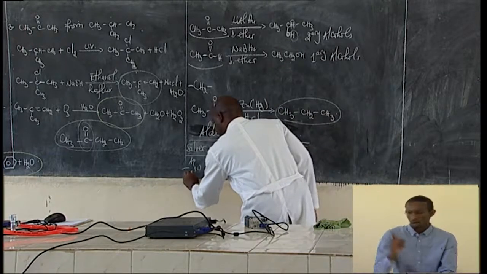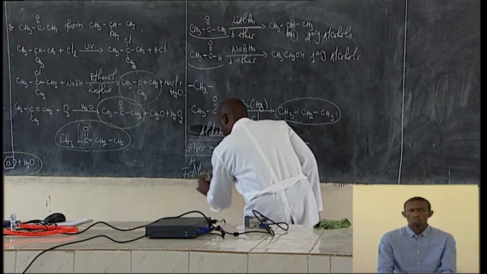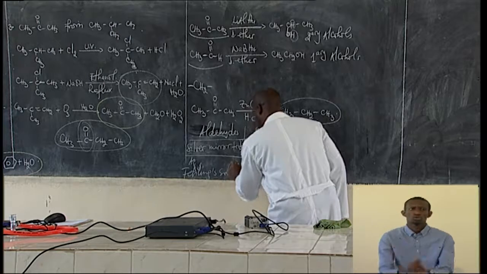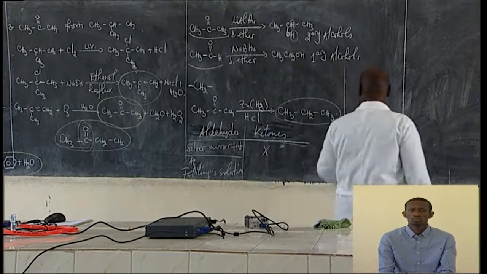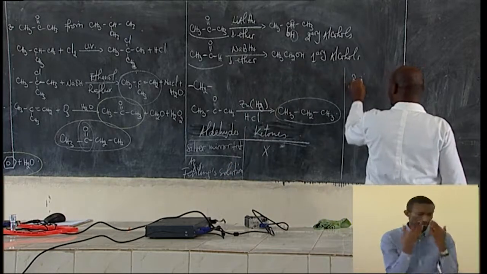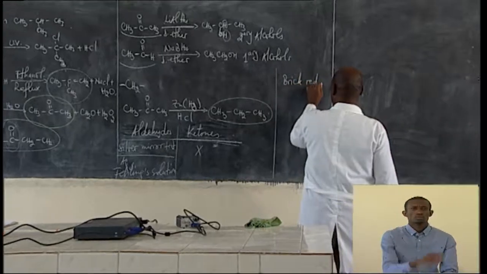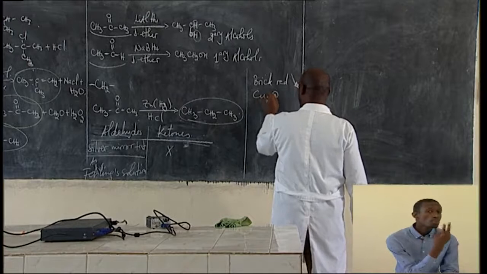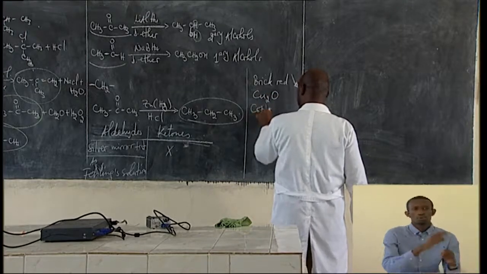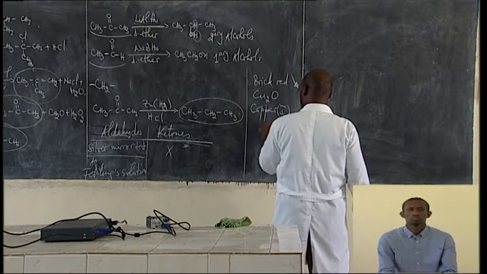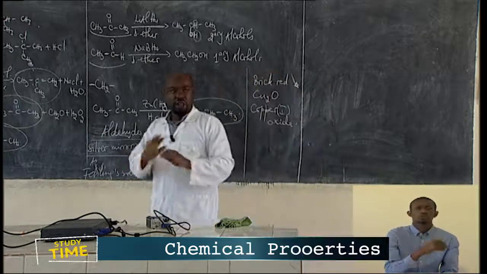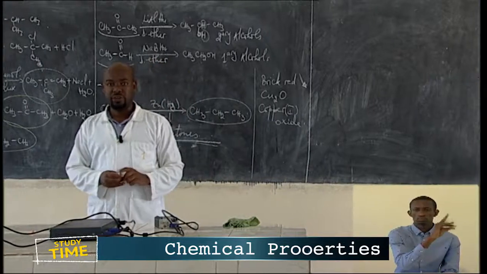You use Fehling's solution or Benedict's solution, and you get a brick red precipitate, and that is copper 1 oxide. But for the ketones, there is no observable change.